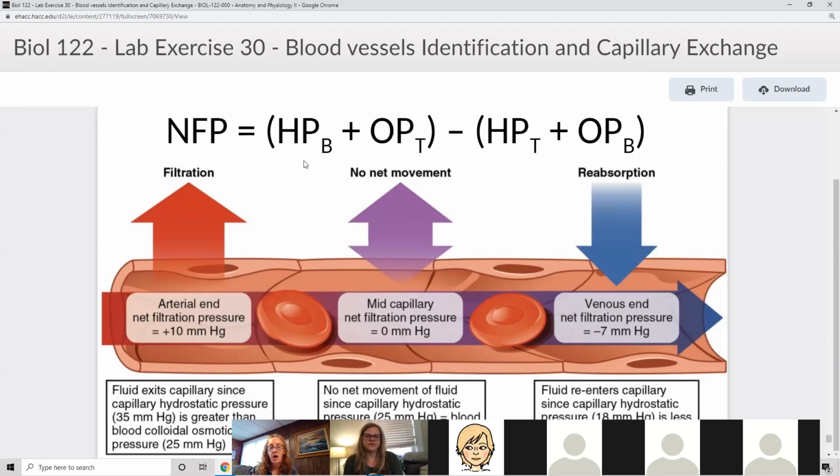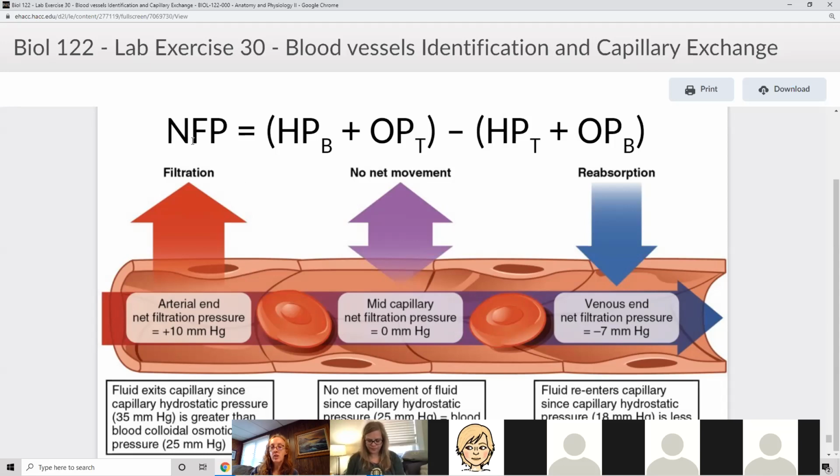The pressure to move things out is the sum of the hydrostatic pressure of the blood plus the oncotic or osmotic pressure of the tissues, minus the hydrostatic pressure of the tissue plus the osmotic pressure of the blood.